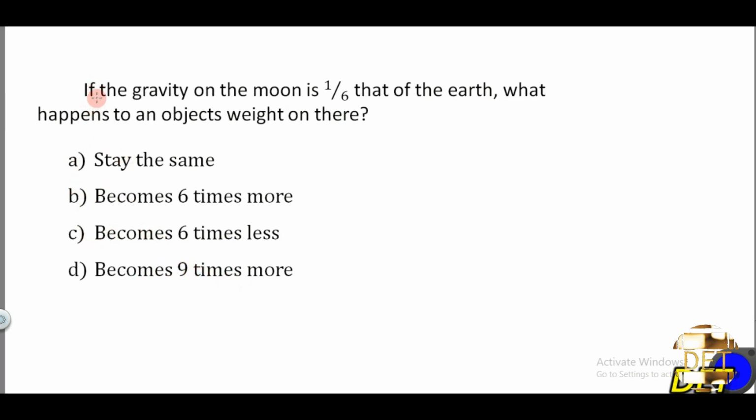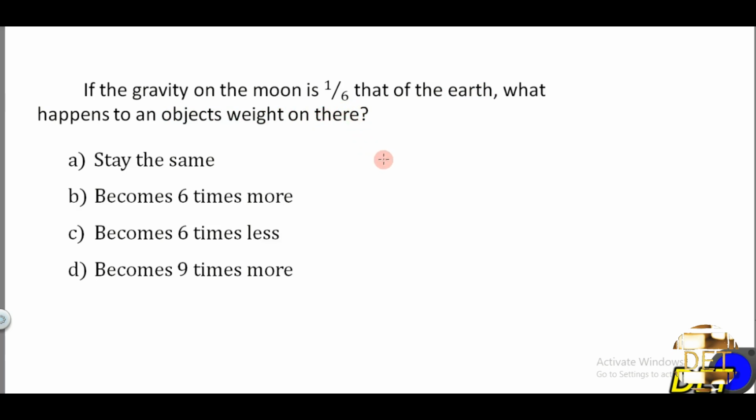Let's read it again. If the gravity on the moon is 1/6 that of the earth, what happens to an object's weight on there?